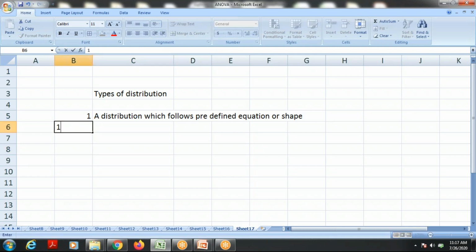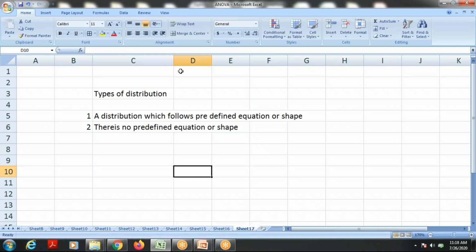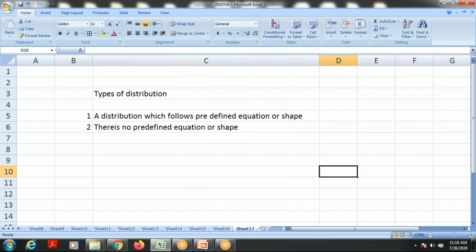And second, a distribution where there is no predefined equation or shape. These are the two types of distribution.